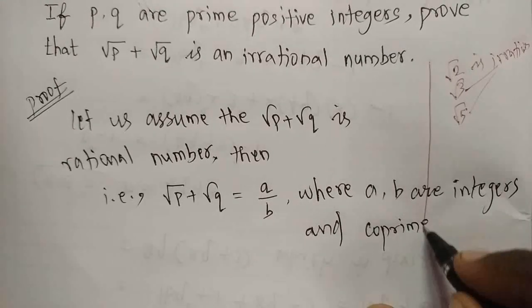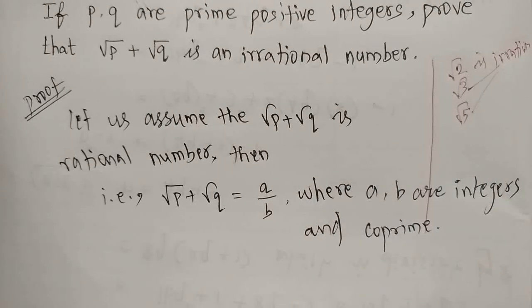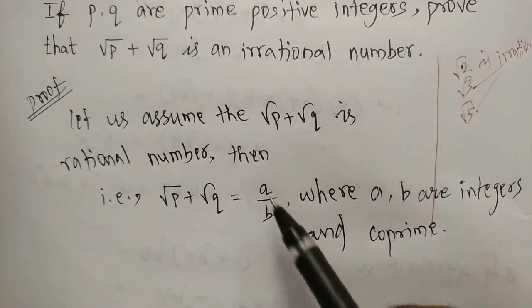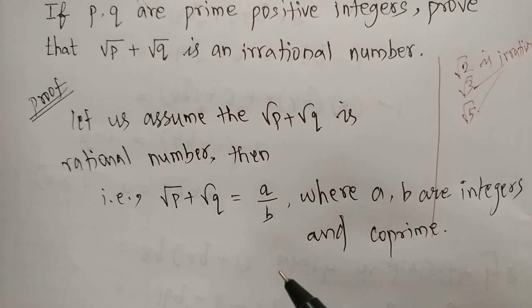Co-prime means there is no common factor other than 1 for A and B.